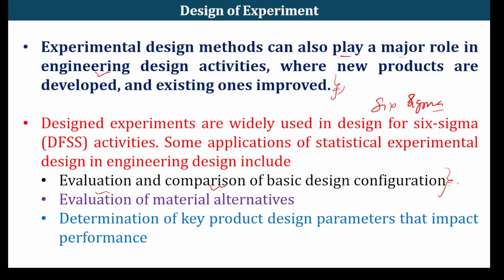When we are doing experimental design, we can do the evaluation, maybe the comparison of basic design configurations. If we are changing the design from 1 to 2, we can do the comparison also. Then we can evaluate material alternatives also, and determine the key product design parameters that impact performance.